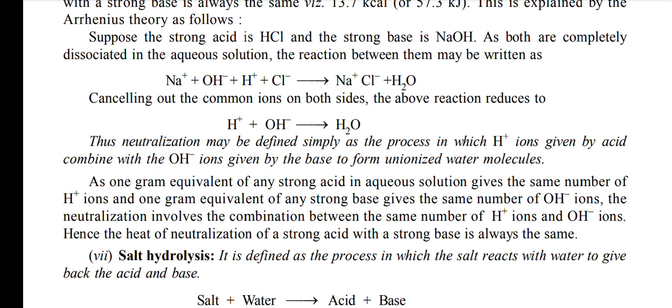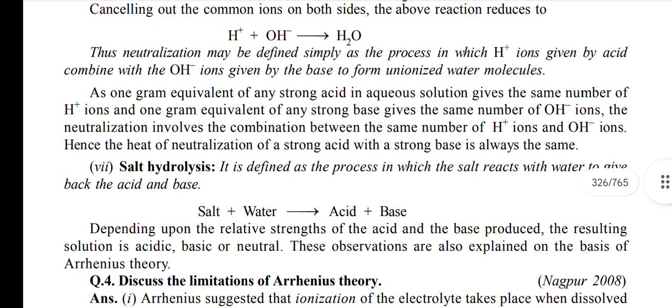Cancelling out the common ions on both sides, the above reaction is reduced to H+ + OH- = H2O. Neutralization may be defined simply as the process in which H+ ions given by acid combine with the OH- ions given by the base to form unionized water molecules.